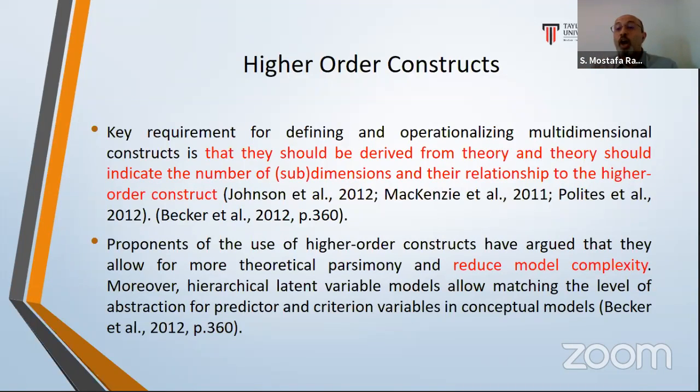But if our objective refers to relationships between dimensions and other variables and we create a higher order construct, we miss the hypotheses for the relationship between dimensions and the dependent variable, right? So this is the second point that we need to consider.